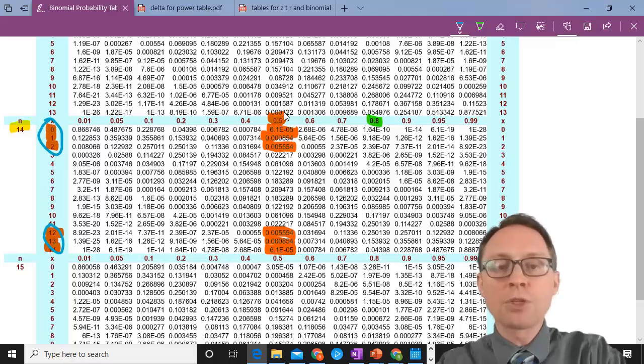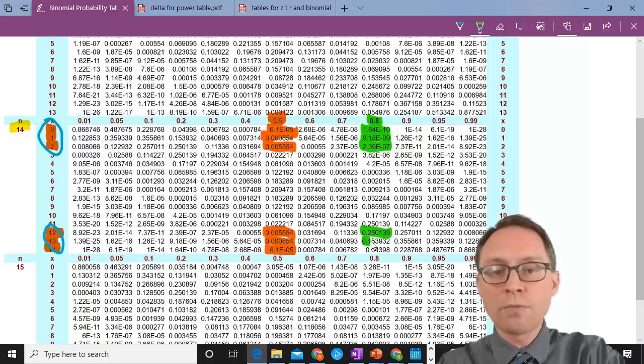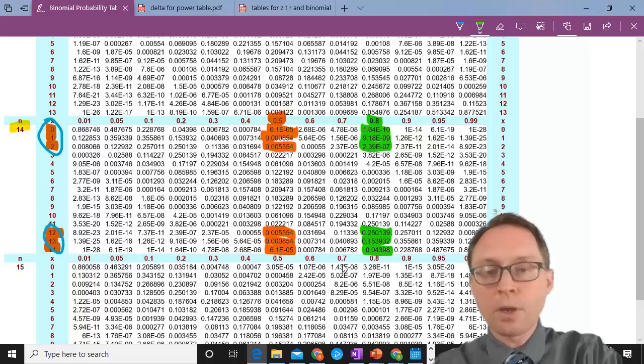And now we're doing it instead of the null hypothesis column, now we're doing it for our hypothesis. So we are adding up the probability of 0, 1, 2, 12, 13, and 14. We're adding up all of those values.